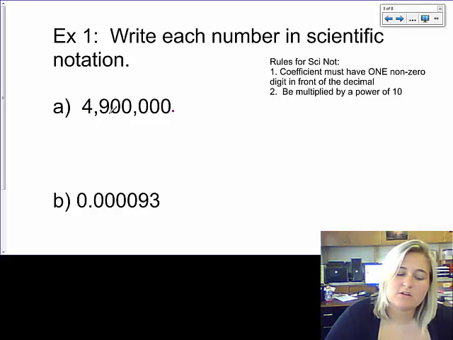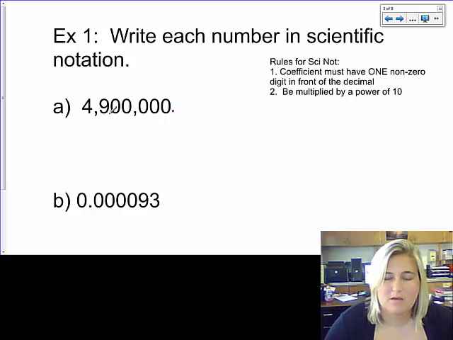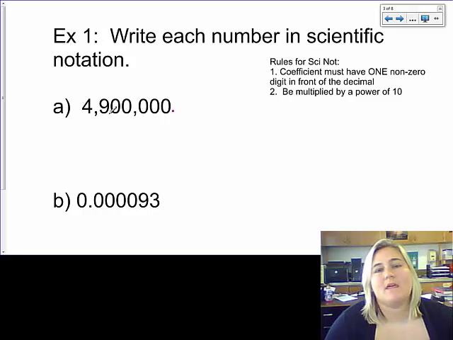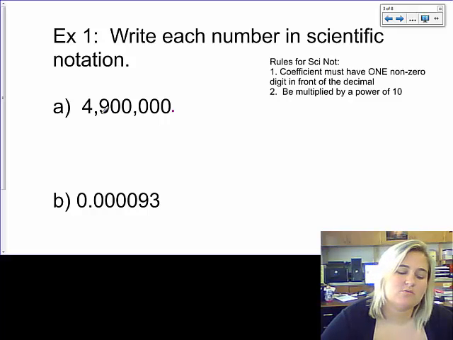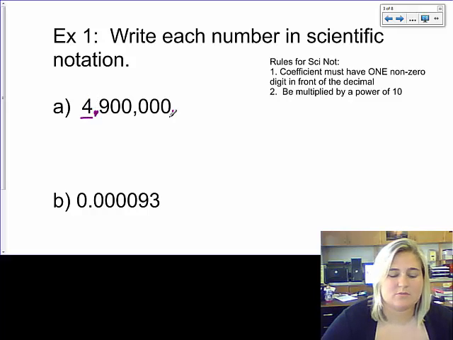Now if I move it to right here behind the 9 where my pen is currently located, then I would have how many digits in front of the decimal? I would have 2, and I can't have 2. I can only have 1, and it must be a non-zero. So I have to move it to this location right here, because that will leave me with one non-zero digit in front of the decimal, which is 1, 2, 3, 4, 5, 6 moves.